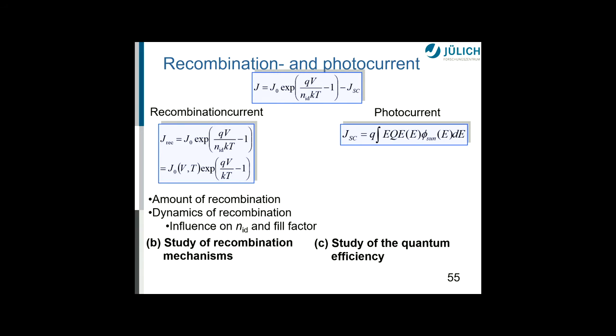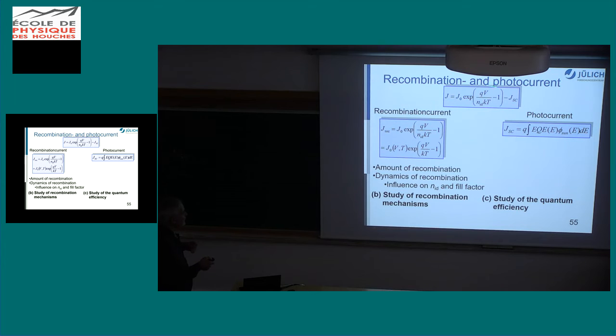So to summarize here, it's all about now a bit more with equations and with the currents. You have seen this equation before, and it's possible just to divide that into 2 parts. That one is here, that's a current that is essentially recombination.